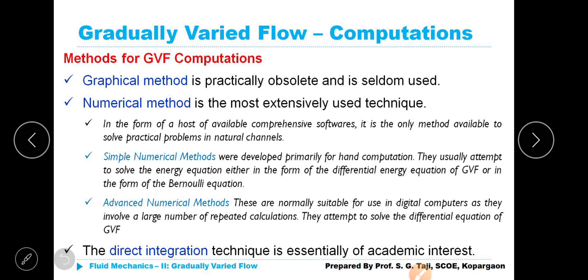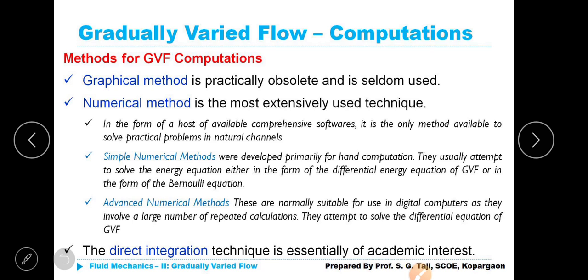Next, methods. As I pointed out, the graphical method, numerical methods, etc., are just to understand. These are also methods from which we can compute GVF, but there is no numerical problem on them.